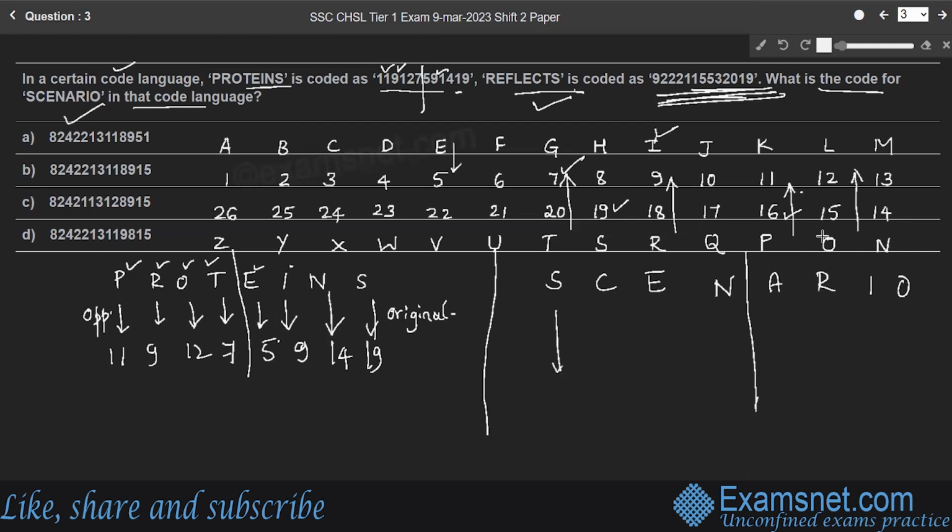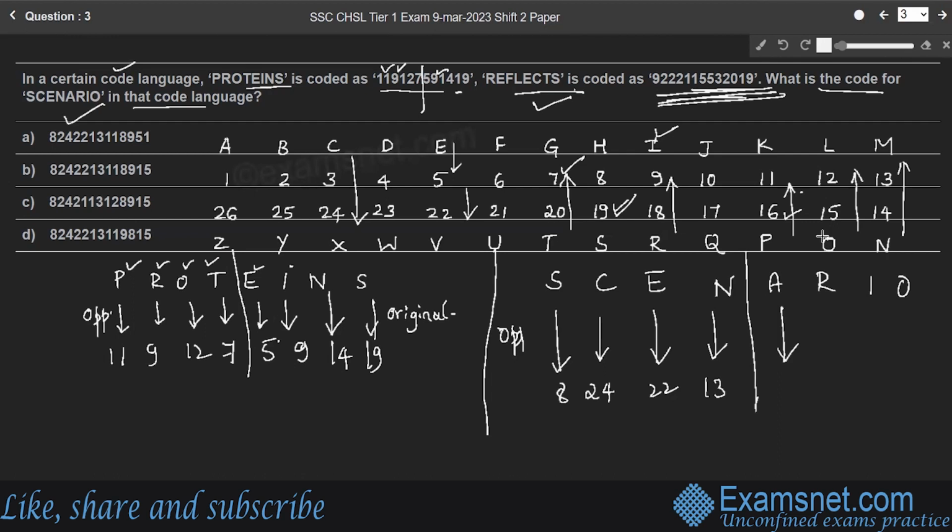Take the opposite positional values of the first 4 letters. S should be coded as 8. C's opposite positional value is 24. E's opposite code is 22. The opposite positional value of N is 13.